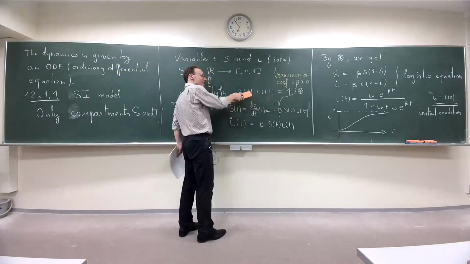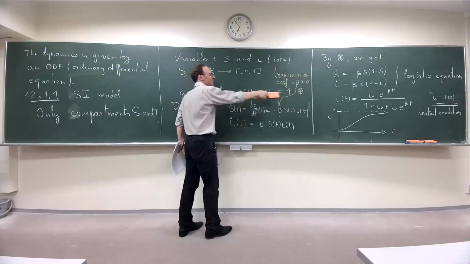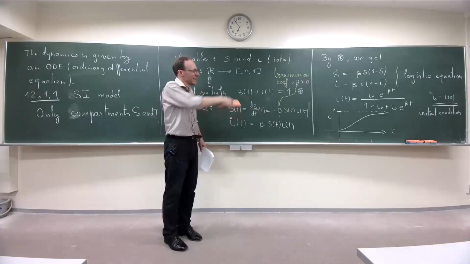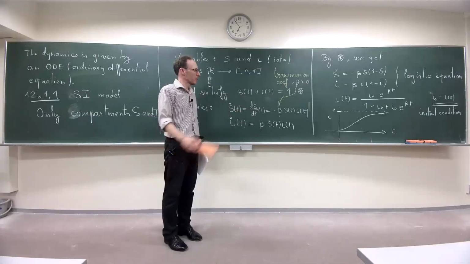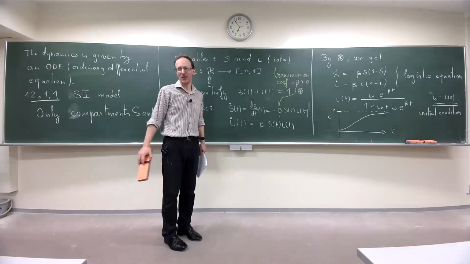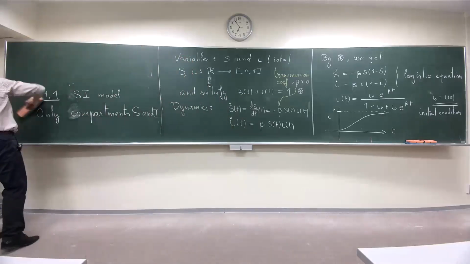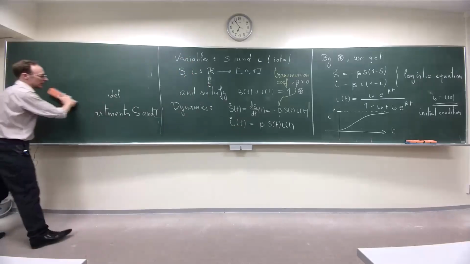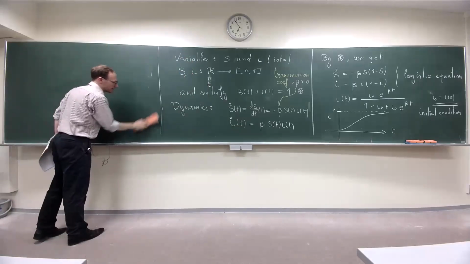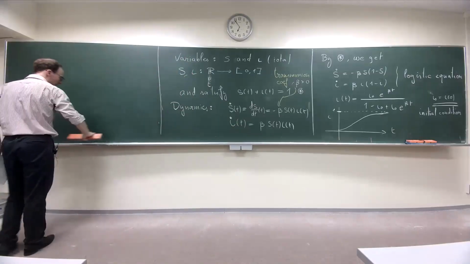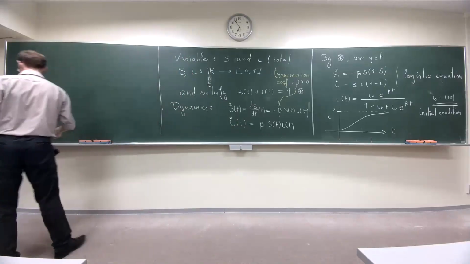Indeed, S is given by 1 minus iota, so you can plot the population of susceptible. I let you do it. Yes, it's decaying. So it means the number of susceptible is going to 0. So at the end, everybody is infected.